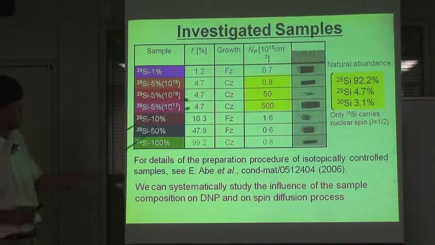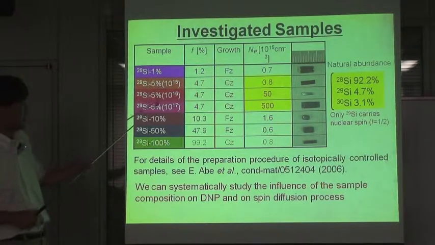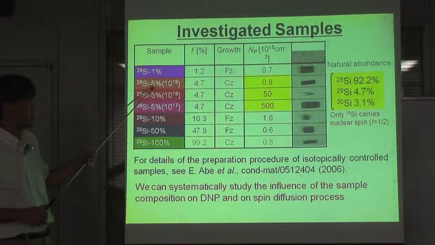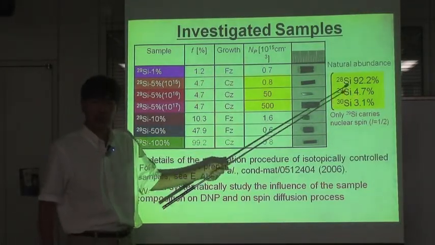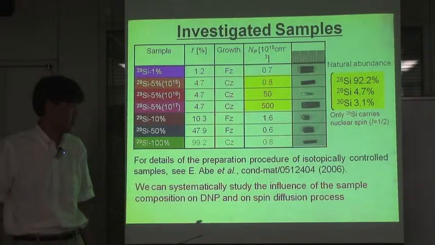One series of samples, indicated by yellow, is made of natural silicon. So it contains about 5% of 29 silicon. I said about because exactly, it has 4.7% of 29 silicon nuclear spins.